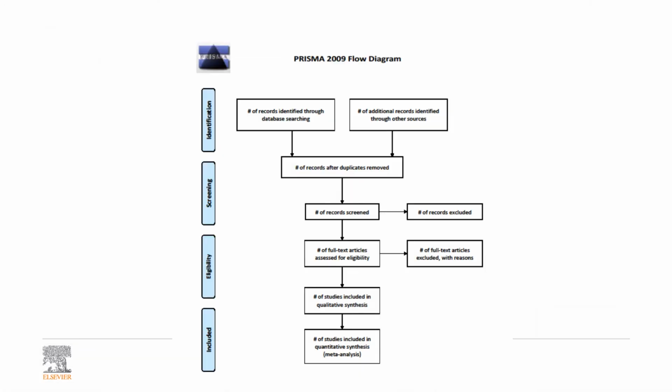And this is the flow diagram, and it's meant to do something very similar to the flow diagram in the CONSORT guidance. It's there so that you can record all the documents that you identified from databases in your search, which ones were duplicates, which were removed, and thereafter which ones were removed in the subsequent screening, and which ones survived, as it were, for your final synthesis and possibly for meta-analysis.